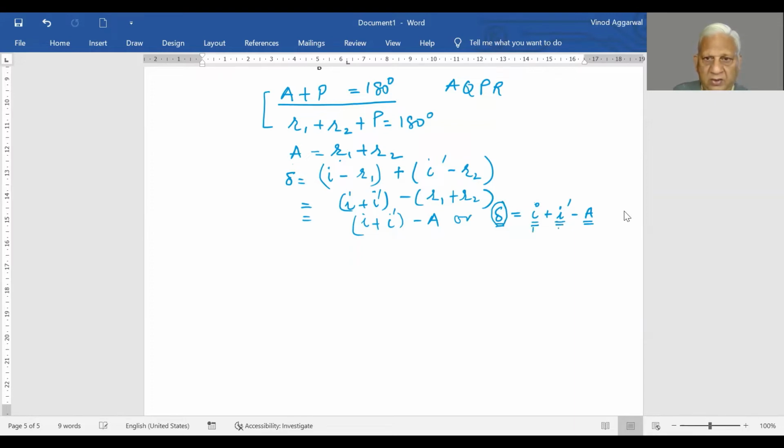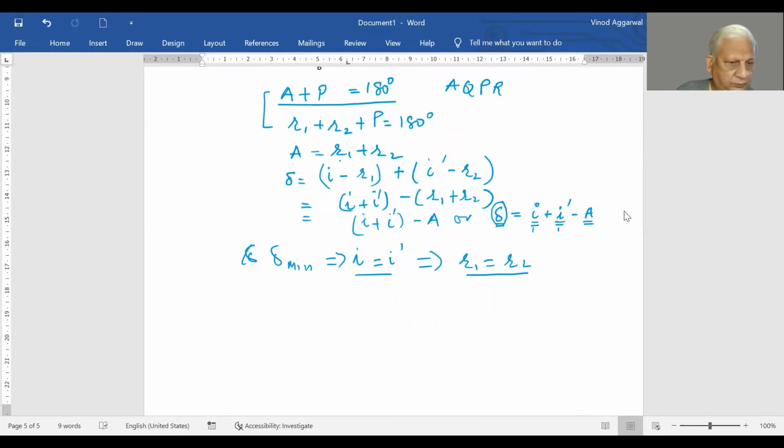When I and I dash are the same, then this delta will be minimum. So the condition for delta minimum is I is equal to I dash. Now, if this happens, this also implies that our R1 will be equal to R2 also. All right.